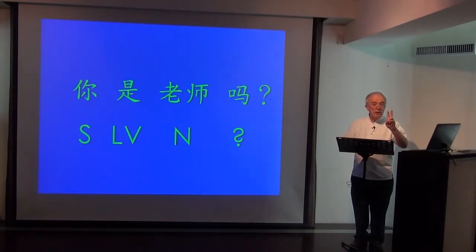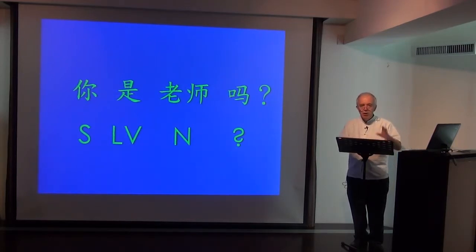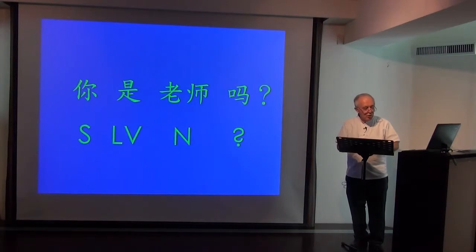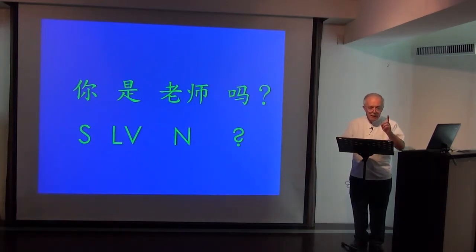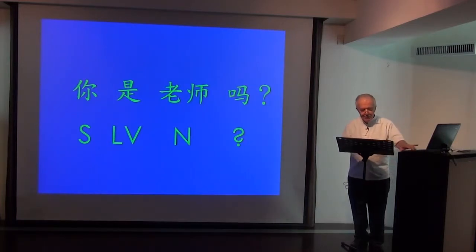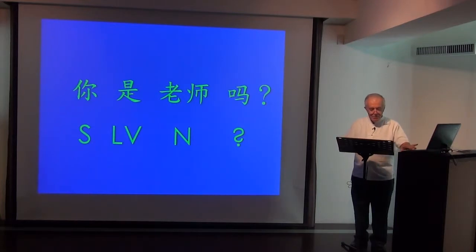Two other common linking verbs are 姓, to be surnamed, 我姓石, my surname is 石, and 叫, to be named, 我叫石明理, I am called 石明理. And so the verb to be, 姓, 叫 are the three common linking verbs.